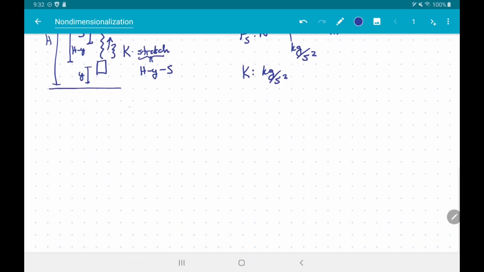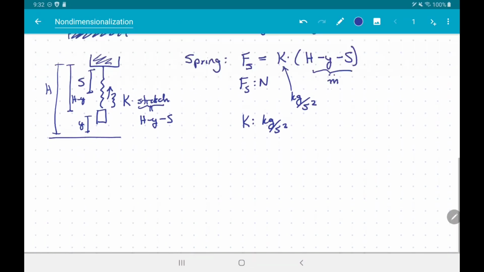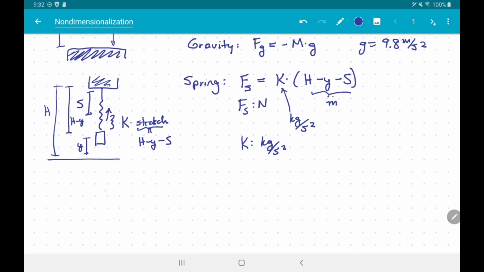Okay, now when you write this out, you'll get minus mg plus k times h minus y minus s equals, so that's the net force, mass m times acceleration, and I'm going to write it like this, d squared y over dt squared.